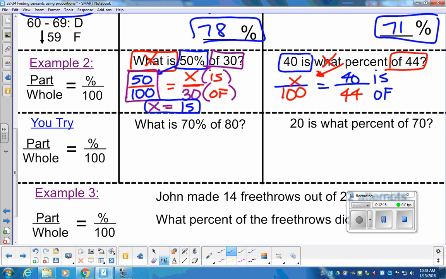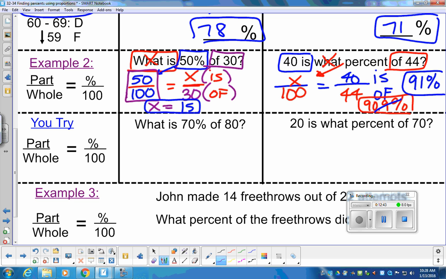Go to the whole number. This is exactly the same idea that your homework is going to be. I'm coming up with an answer of 90.9% when I cross products and solve that. If we convert to a whole percent, all of you should have 91% as your answer there.